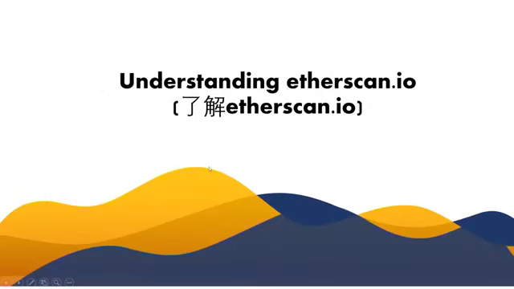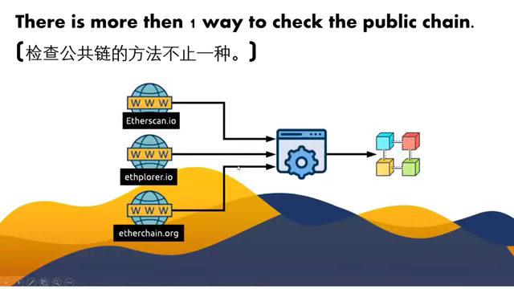A lot of the questions from the members are, how do you see and check information from Etherscan? Not only Etherscan, you can check elsewhere. Etherscan checks Ethereum. For Bitcoin, you have Blockchain Explorer, Omni Explorer, and many others. This is just one way to check Ethereum.